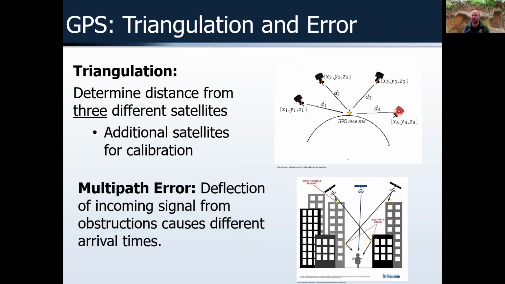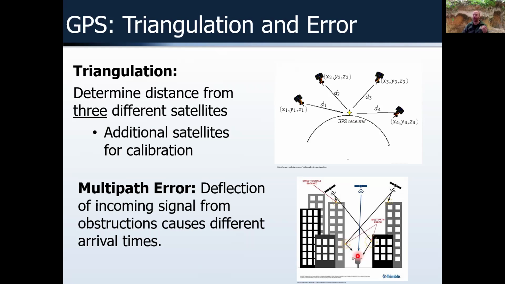Something that commonly happens with GPS, and this can happen naturally with cliffs and trees, and often in cities, and it's very common in cities, is that those pseudo-random codes are coming down and they're bouncing off of physical objects. And then your phone is receiving that pseudo-random code, but your phone or GPS unit does not know that that signal had bounced or had been deflected.